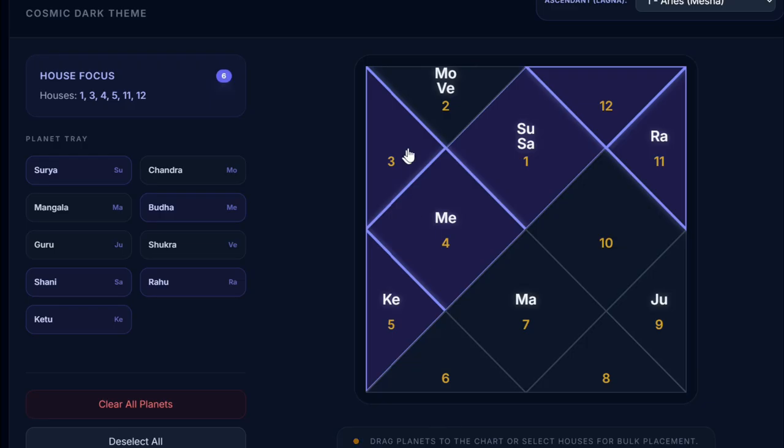Now, can you tell who are the temporal friends of Moon? Mercury, Ketu, Sun, Saturn, and Rahu.